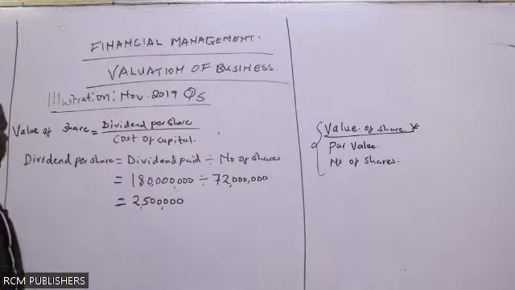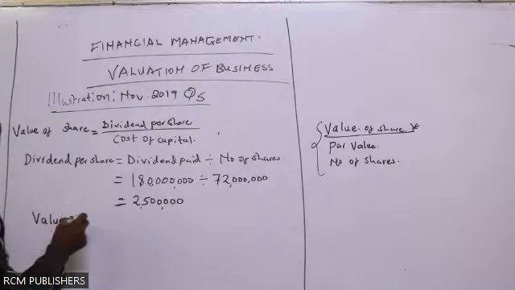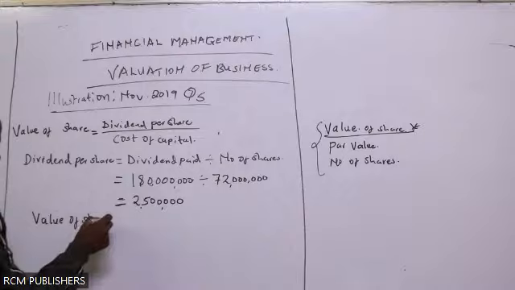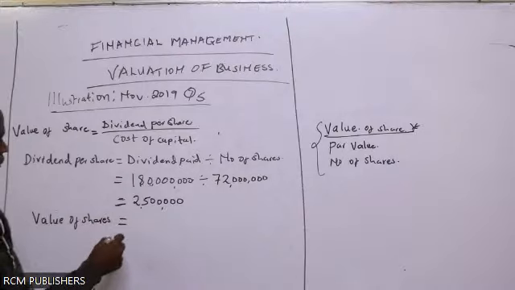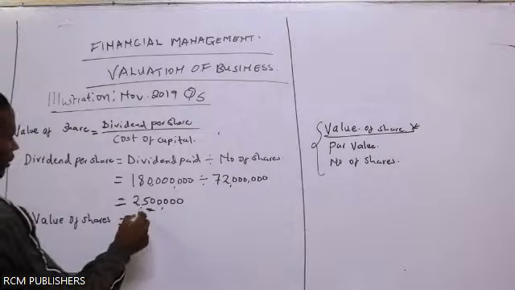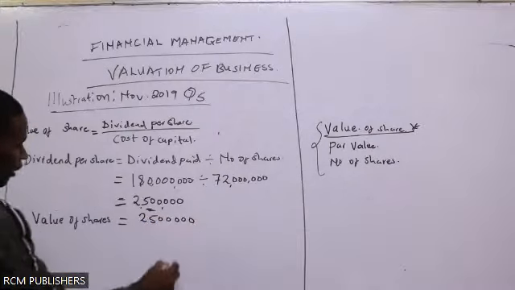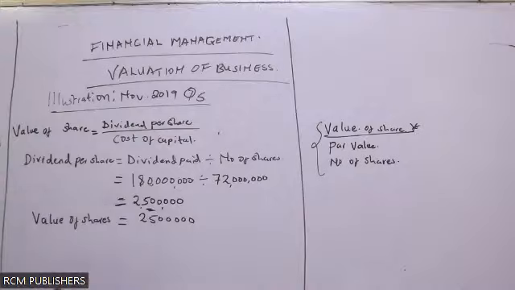So to get the value of share, it will be equal to my dividend per share, which is 500,000, and then I have to divide by the cost of capital.